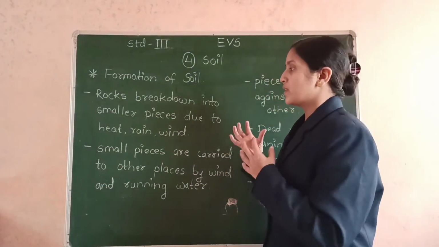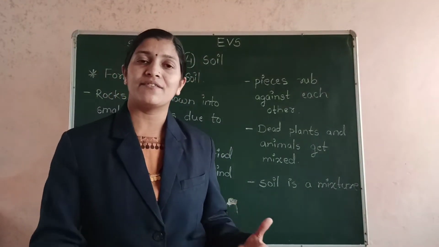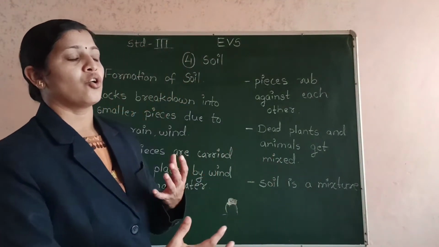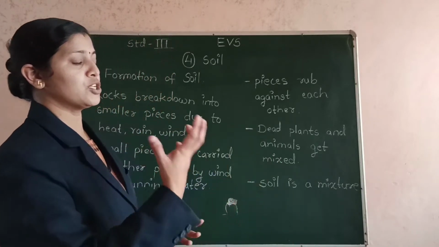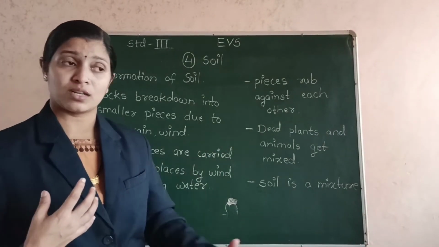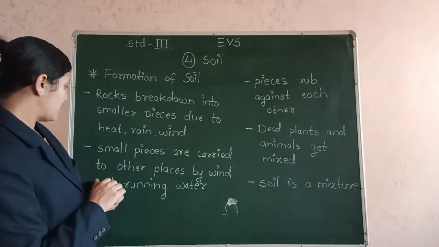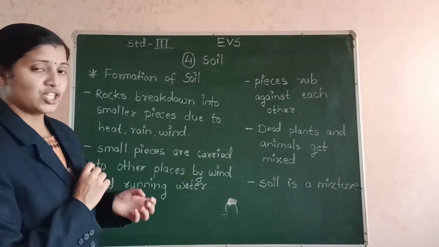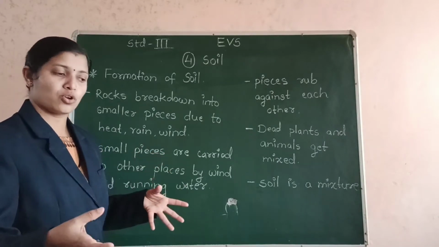The small pieces of rocks are also carried away with the winds, or with the running water during the rainy season, from one place to another. When they are carried away along with the running water, they clash with each other.